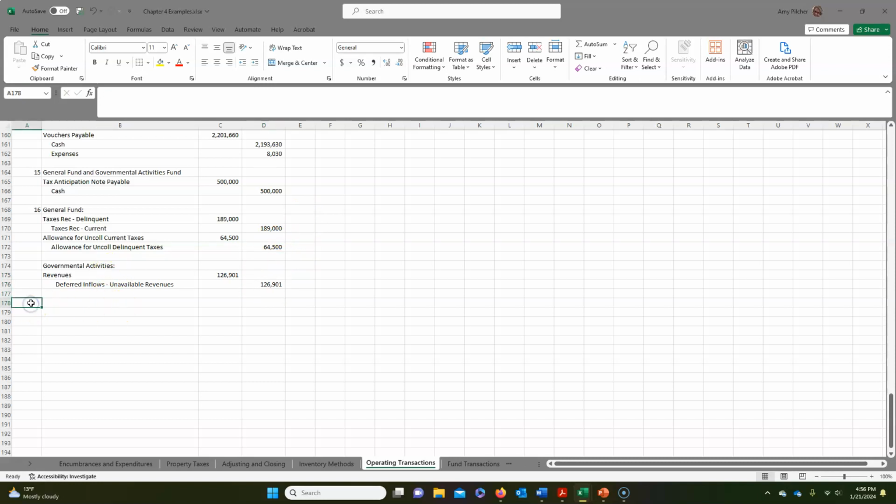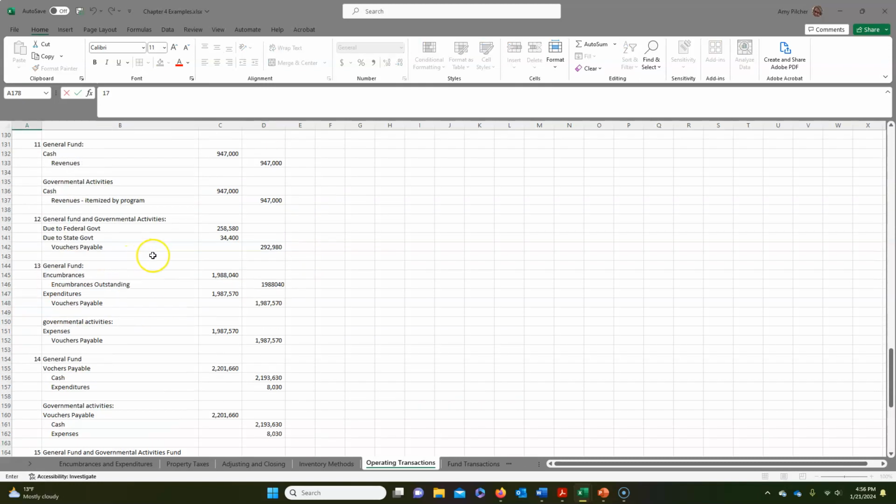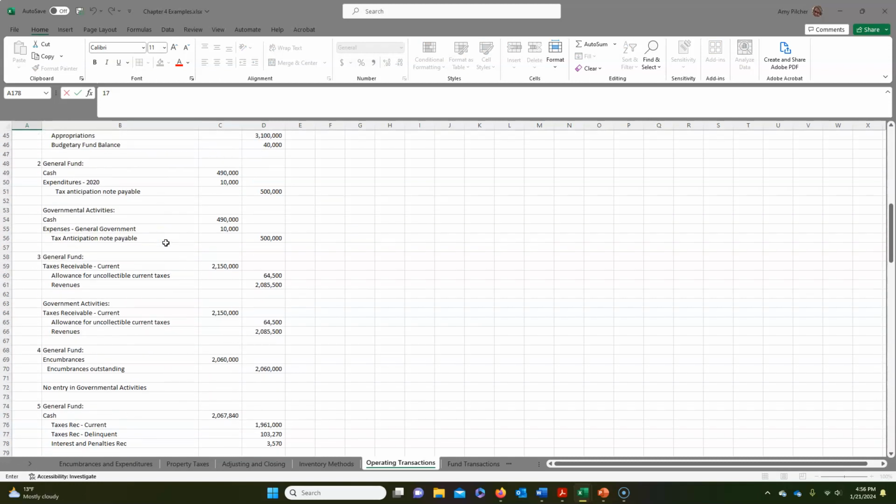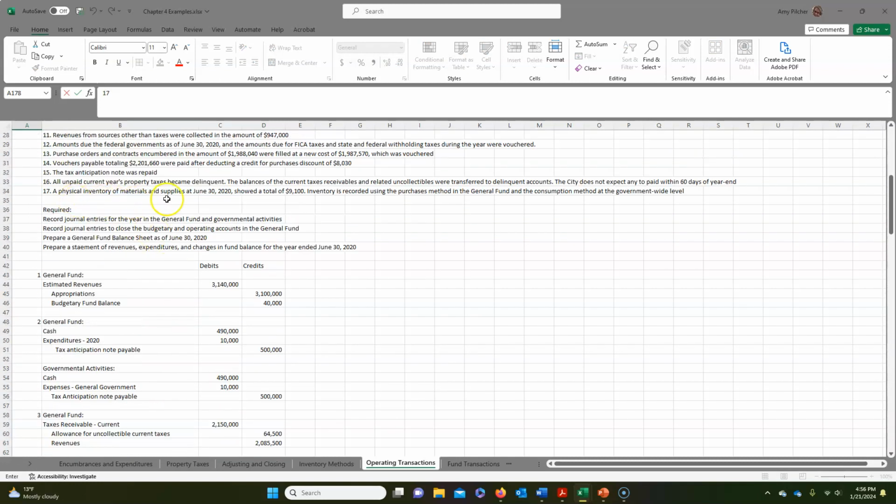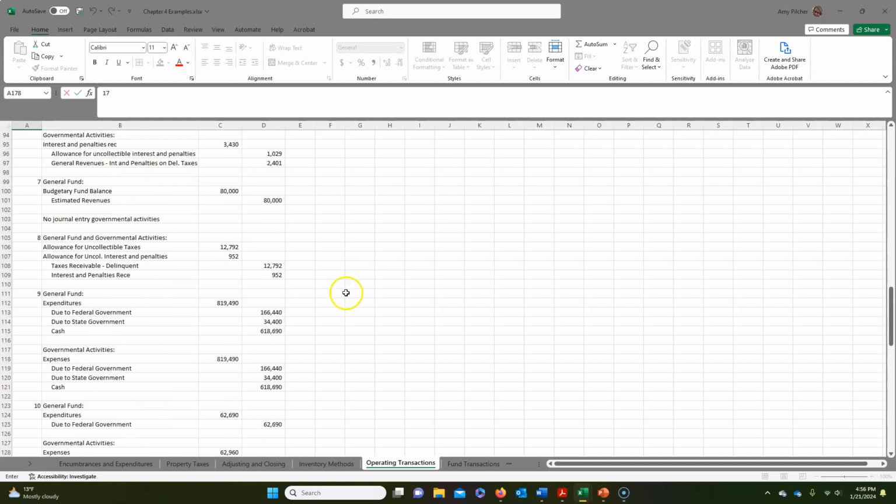Then our last transaction, 17. We have a physical inventory of materials and supplies that showed a total of $9,100, and they used the purchases method in the general fund and the consumption method at the government-wide level.